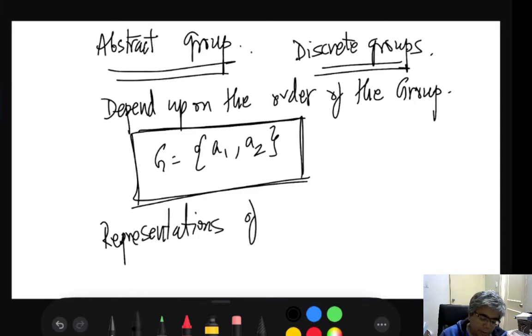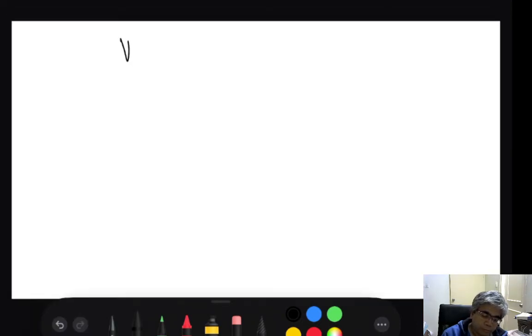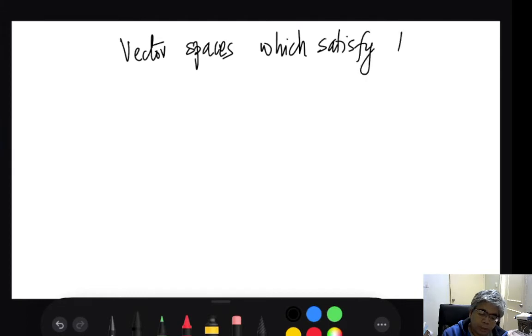Representations are nothing but vector spaces which satisfy the same group multiplication law.